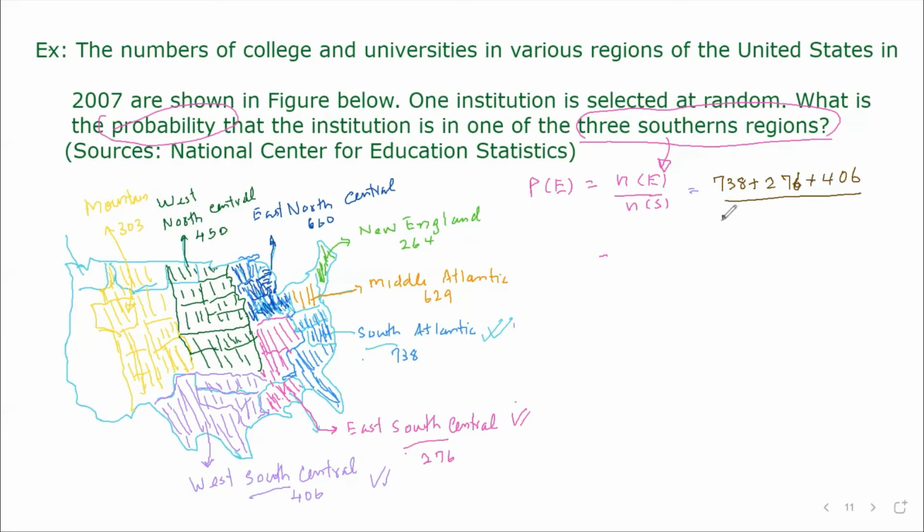So it becomes 303 plus 450 plus 660 here. I get it from here, okay? Get all the numbers, sum it up.